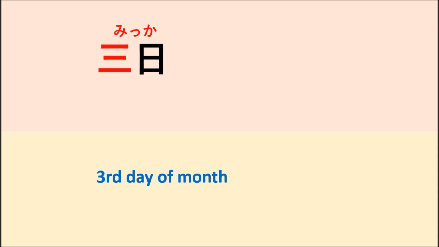For this word, Japanese people don't say sannichi. You have to remember that it's a special sound. You have to remember mikka. They don't say sannichi.